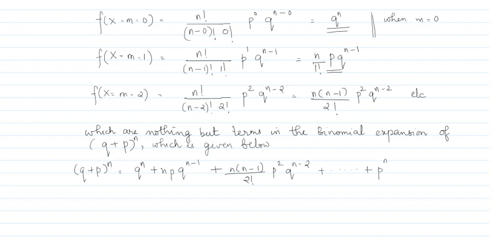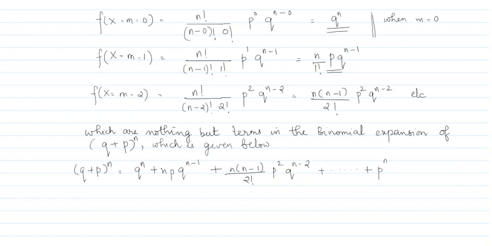Plus next term is n into n minus 1 by 2 factorial p square q raised to n minus 2, etc. etc. അങ്ങനെ ക്യൂവിൻ്റെ പവർ 1 വീതം കുറയും, പിയുടെ പവർ 1 വീതം കൂടി വരും. ലാസ്റ്റ് q raised to n minus n എന്ന് വരുന്നൊരു ടേം ഉണ്ടാവും. And that will give you the last term which is p raised to n.